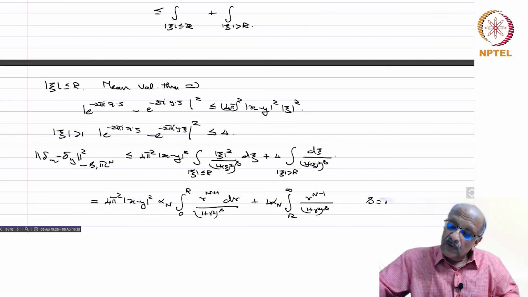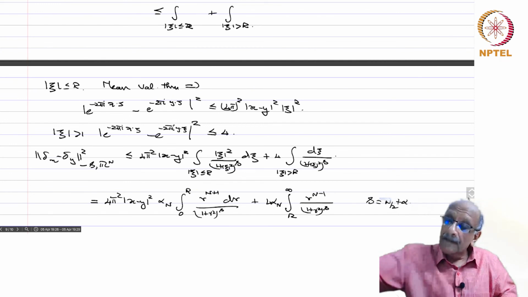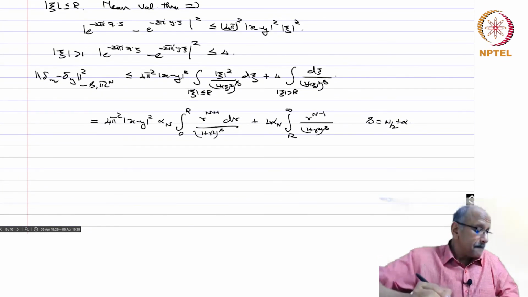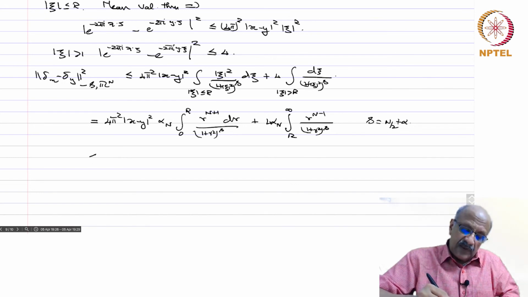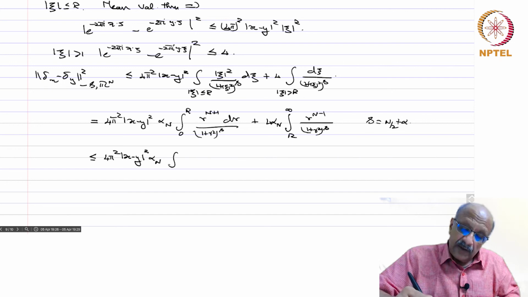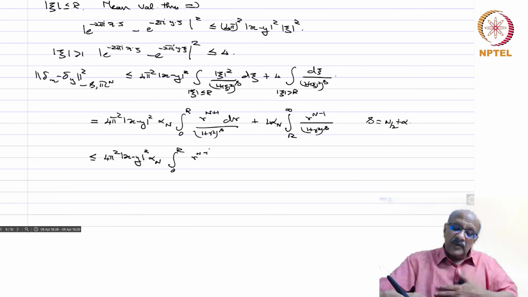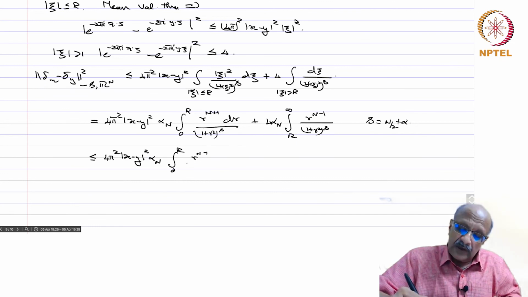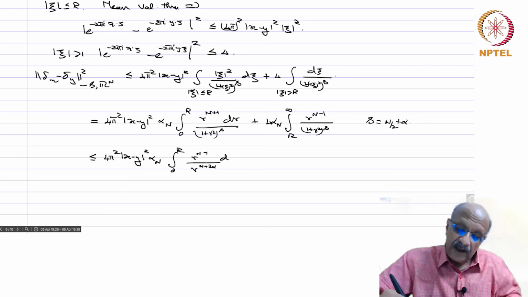And remember, s is equal to n by 2 plus alpha. Which is less than or equal to 4 pi squared mod x minus y squared alpha n times the integral from 0 to r of r to the n plus 1, and then since 1 plus r squared is greater than or equal to r squared, it's in the denominator, so it's less than r to the power 2s, which is r to the n plus 2 alpha, dr, plus 4 alpha n times the integral from r to infinity.